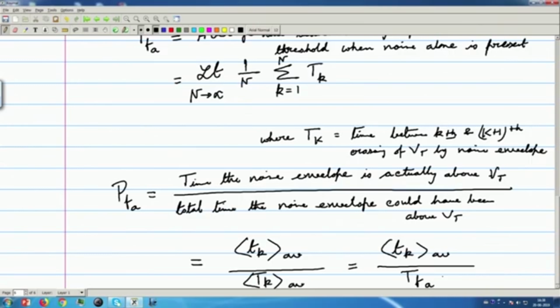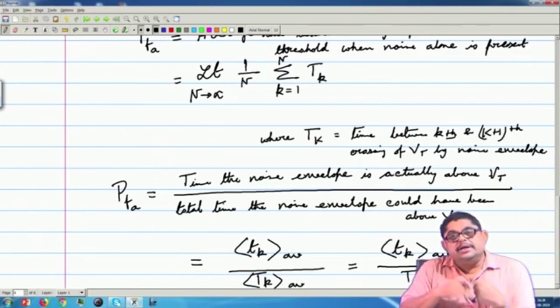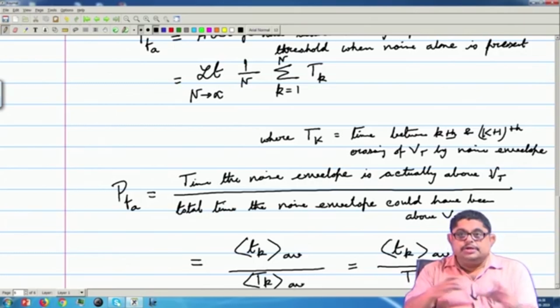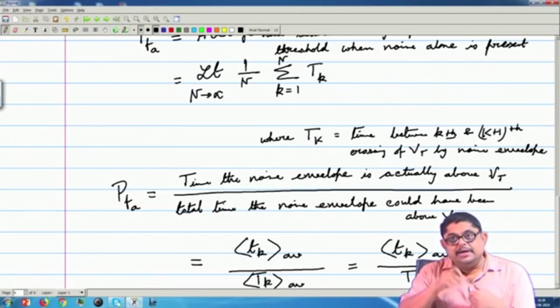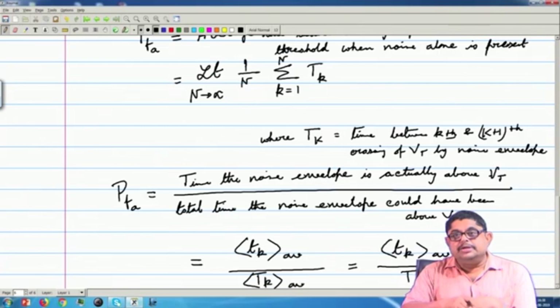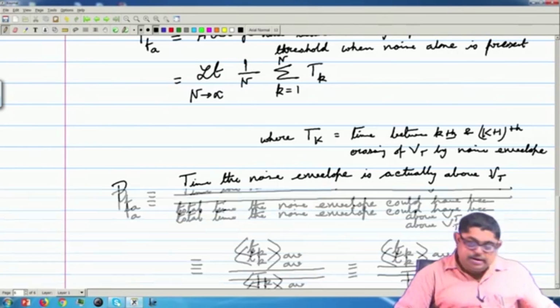Okay. That you think how to do it, we will do it in the next class. This is a simple thing. So, conceptually you see from the basics of probability, we could relate the probability of false alarm with time between false alarms, but we need to tackle what will be this T k average.